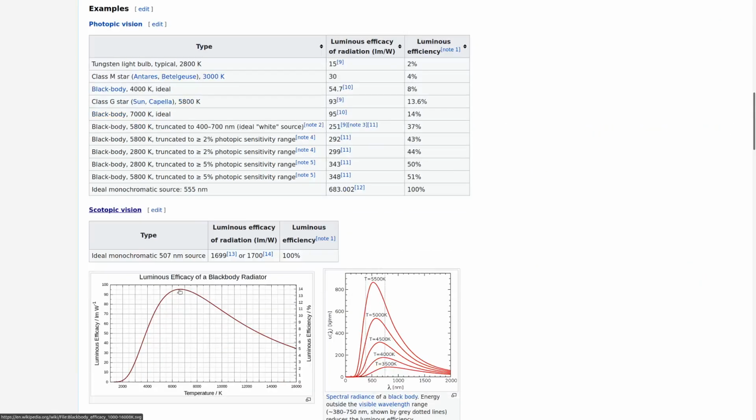I was just going to mention that this peak here being at right around 6,500, if you've heard of the D65 standard for white, that refers to 6,500K as a daylight standard. I wonder if that has something to do with that luminous efficacy.